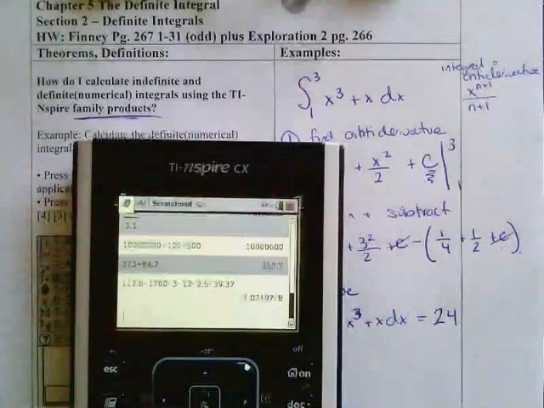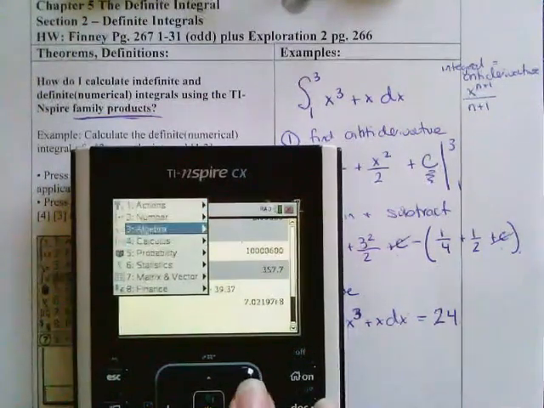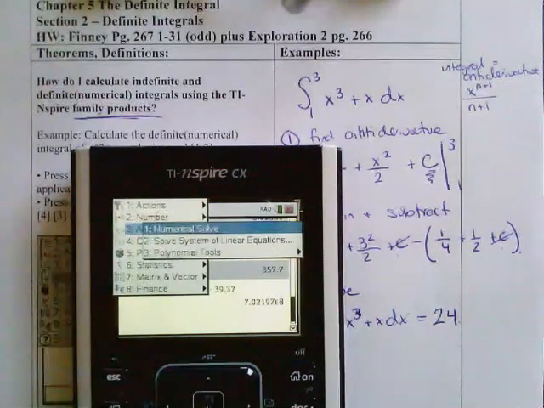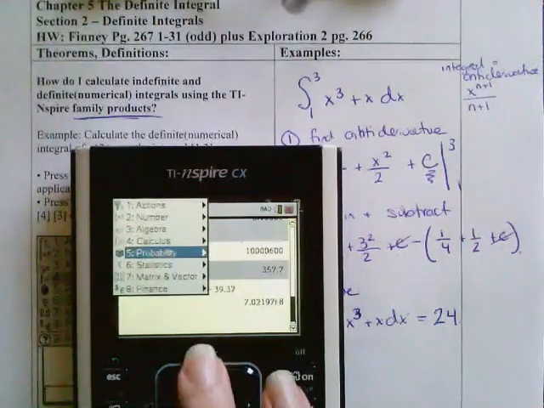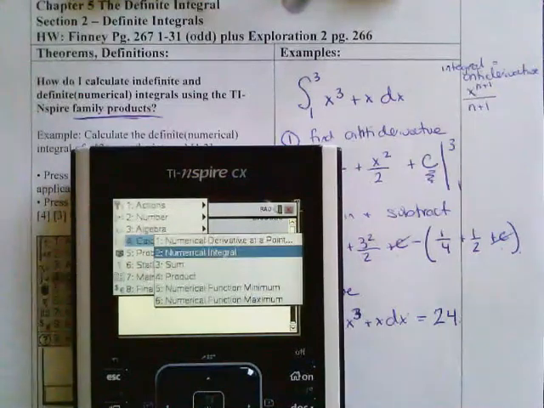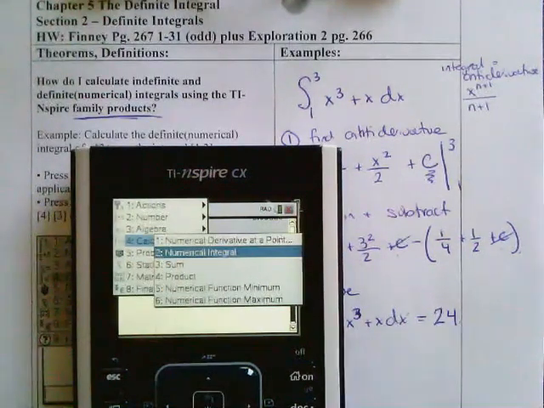Go to menu, then calculus, and we're going to choose numerical integral. If you have some of the newer calculators, you're actually able to do more in the calculus option, but we want to find the numerical integral.